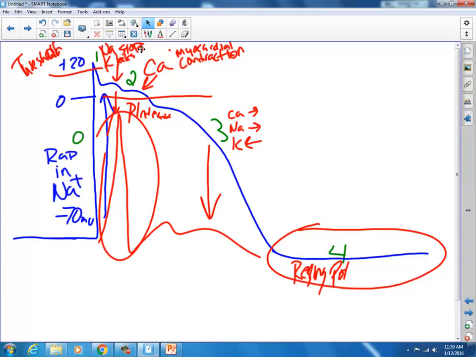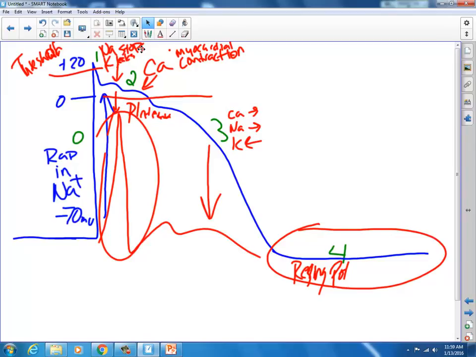Our other set of limb leads are going to be what? Our augmented leads: aVR, aVL, and aVF. Now they're called unipolar leads. So they have one positive, then they actually have to combine the others to make a negative. Then you've got your precordial or chest leads, and that's going to be what?